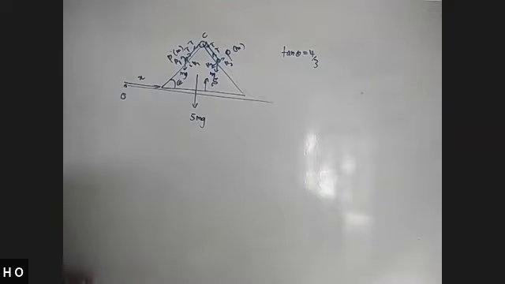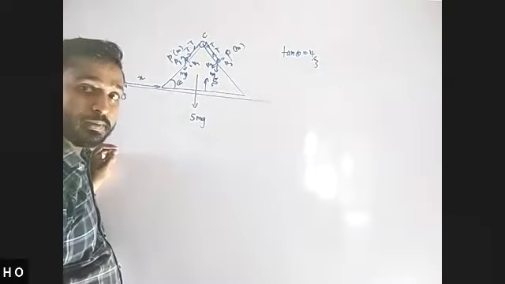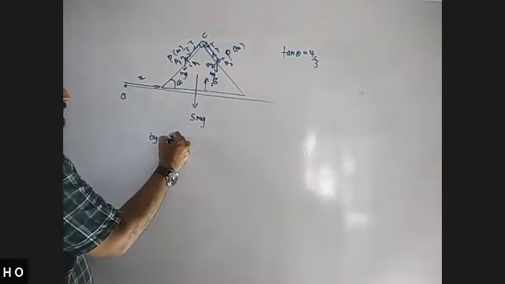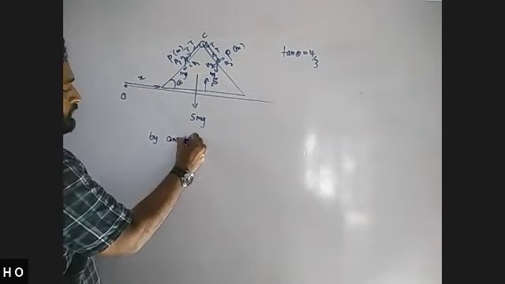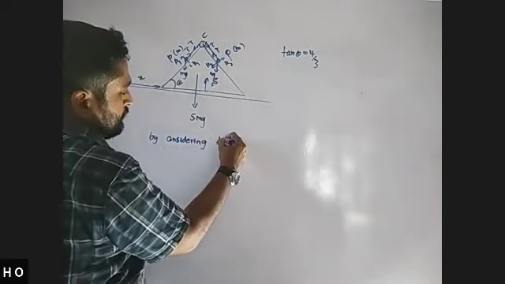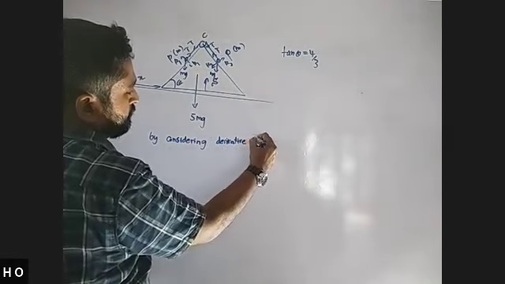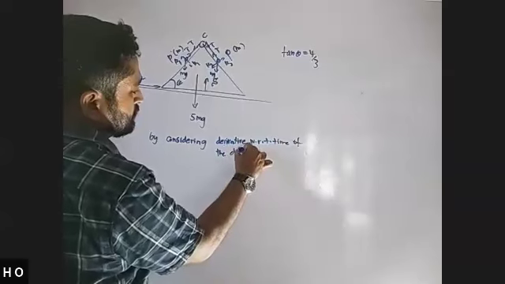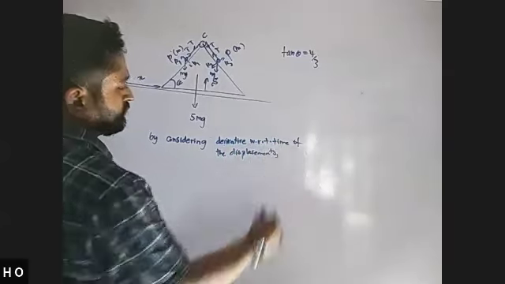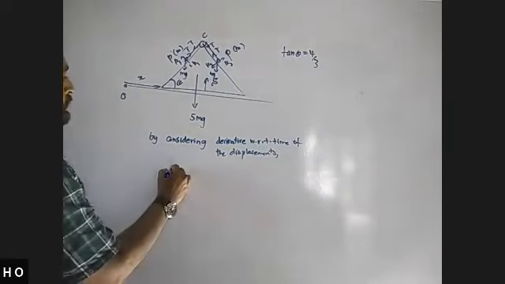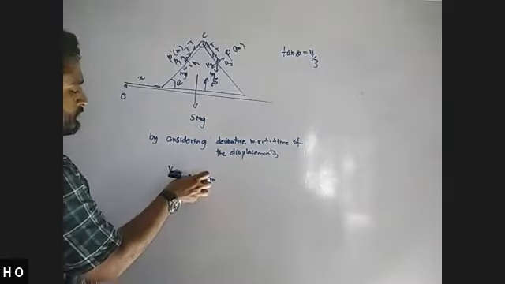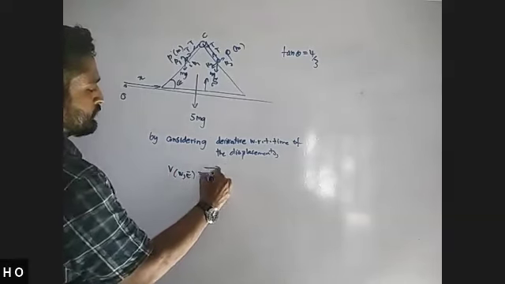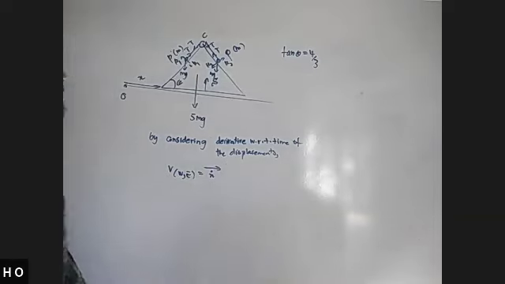Now you can mark the velocities according to the displacements we have marked. Considering the derivative with respect to time of the displacement, the velocity of the wedge relative to Earth is x dot.